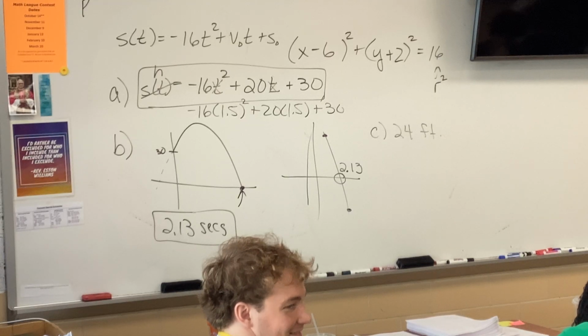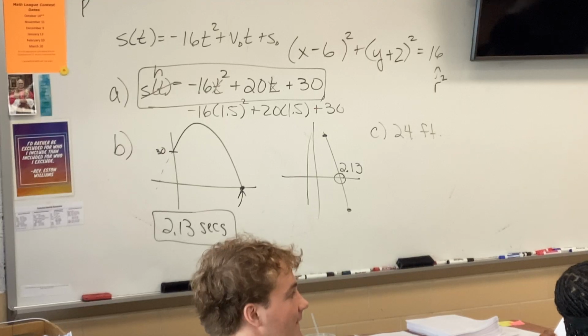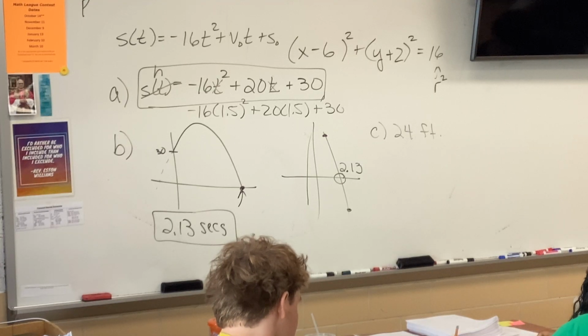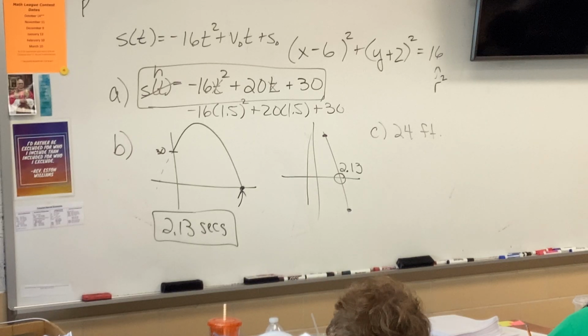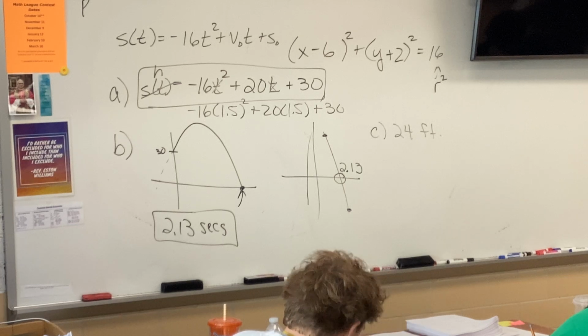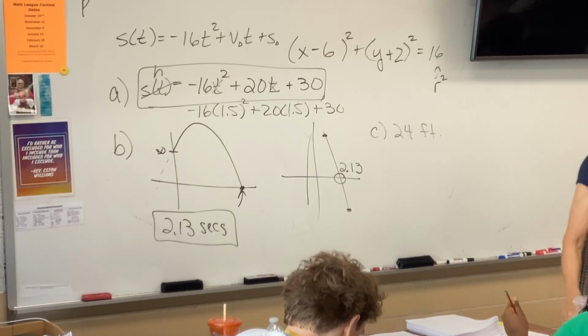All right, what's 17? Times by 1, multiplicative identity, identity for multiplication, ID. 18, distributive, yep, distributive. 19, what's happening?